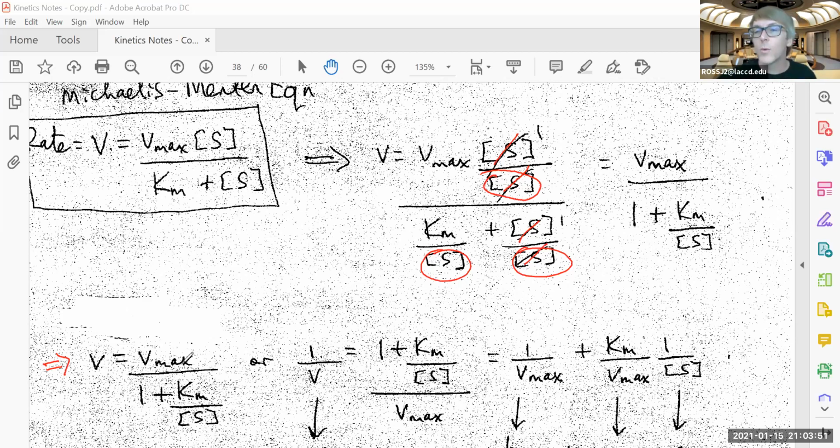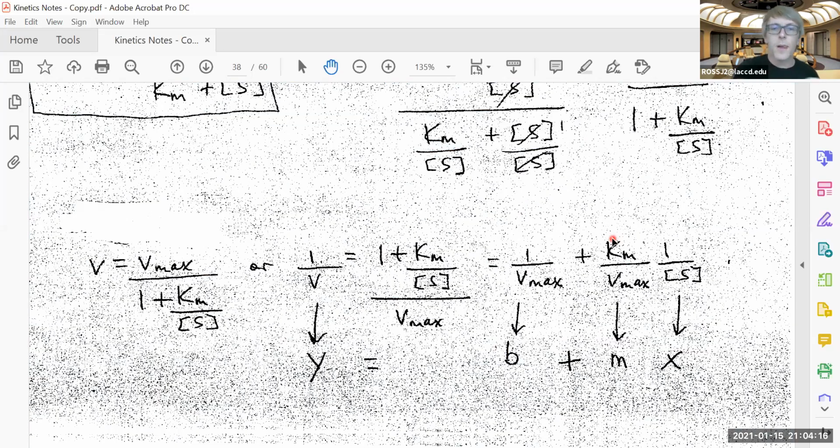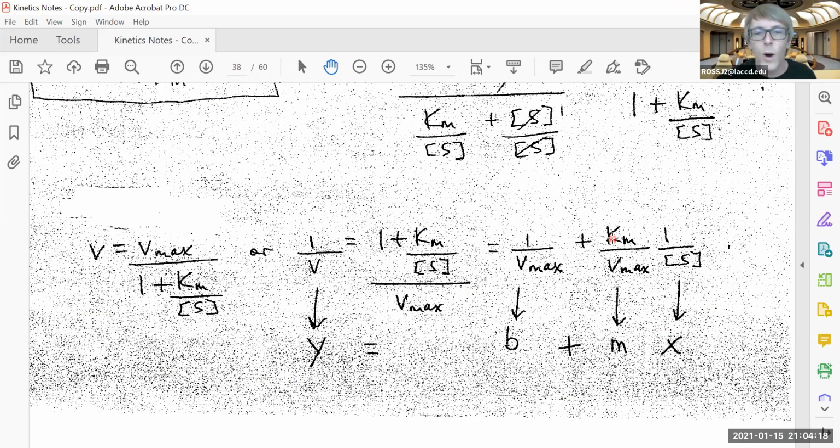We're going to invert. We're going to take the inverse expression. So instead of V, we're going to have 1 over V. So we just literally flip everything, and then we can rewrite it. We can see we have 1 over Vmax, and then we have Km over Vmax, and then 1 over S. If I get this clunky thing to scroll for me, then you can see that that's our y equals mx plus b expression.